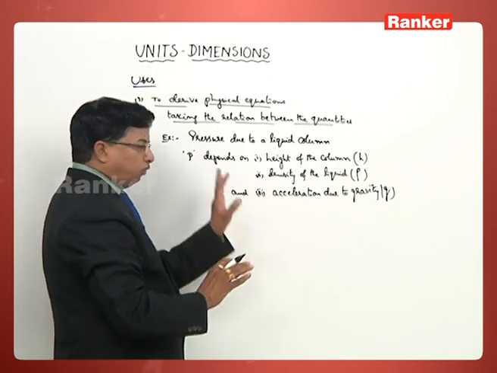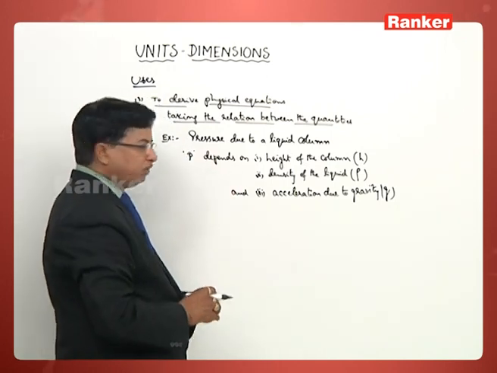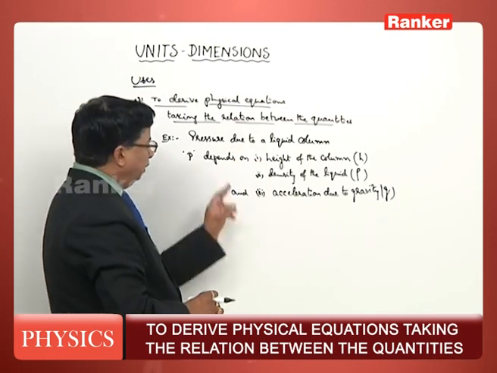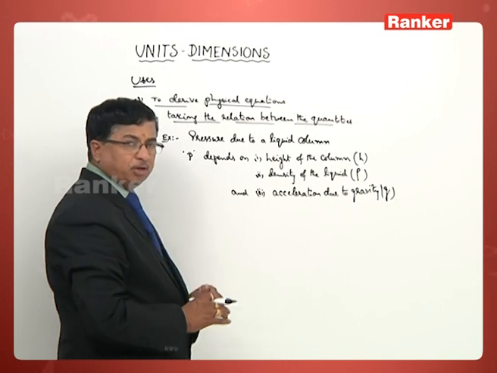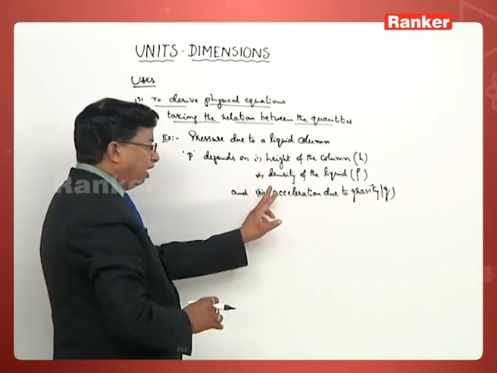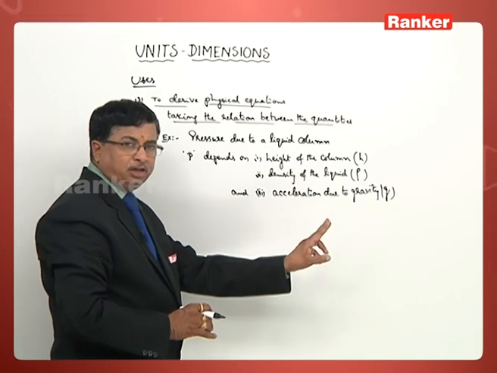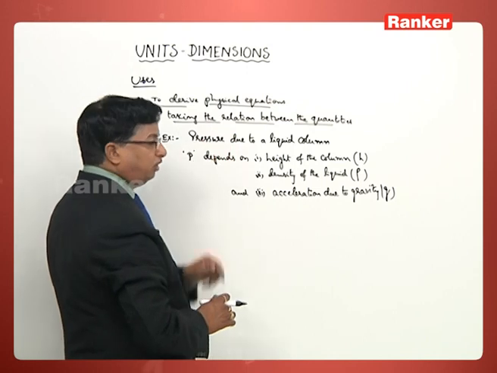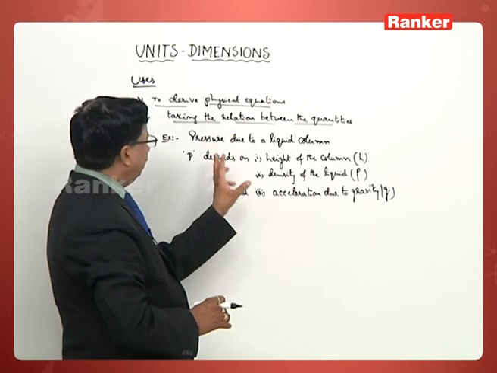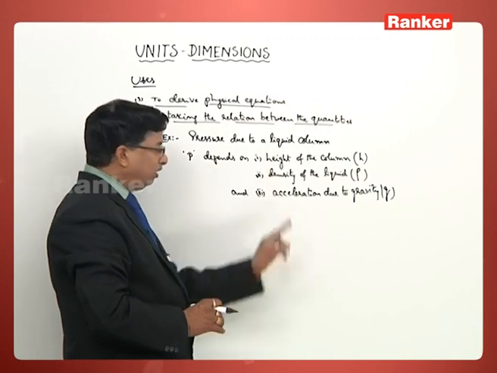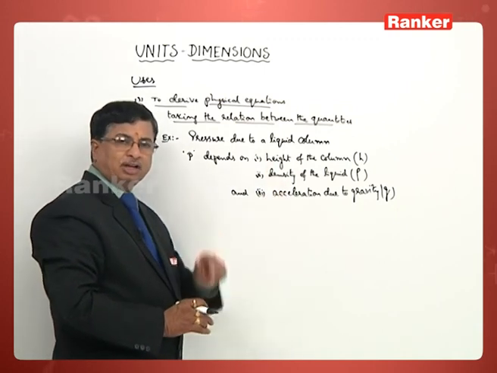So, suppose the question is given this way: pressure due to a liquid column P depends on height of the liquid column, density of the liquid, and acceleration due to gravity at that particular place. Then what is the question asked? What is the relation between pressure, height, density and acceleration?